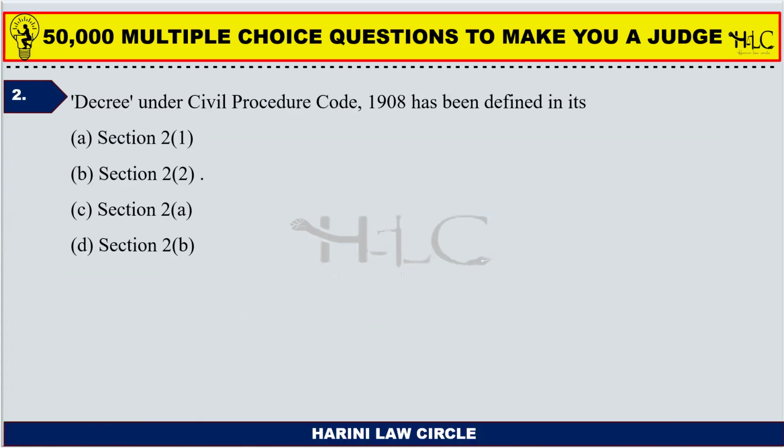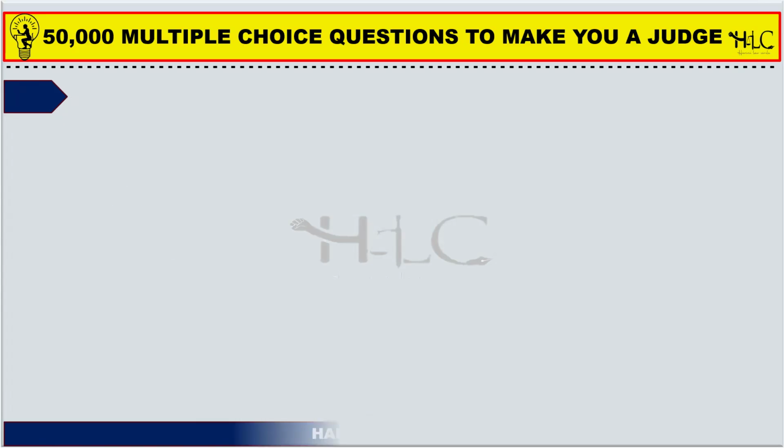Moving ahead to the next question. Decree under the Civil Procedure Code 1908 has been defined in its Section 2, subsection 1, Section 2, subsection 2, Section 2, Clause A, Section 2, subclause B. So the correct option is option number B, Section 2, subsection 2.